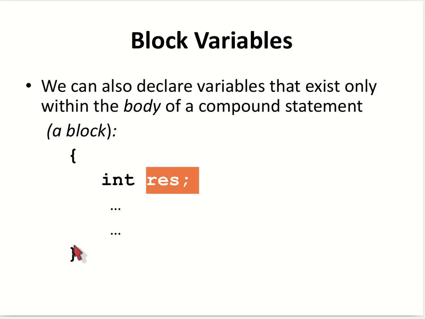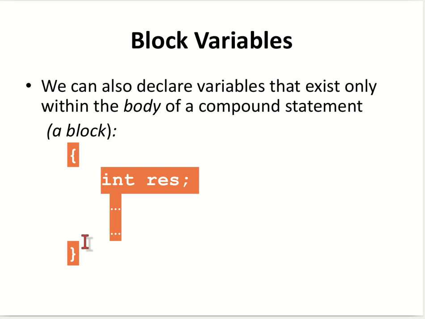If we have to use this res outside this bracket, what we have to do? We have to declare it outside this block. Otherwise, this res we cannot use outside this block. So this is known as the block scope variable.